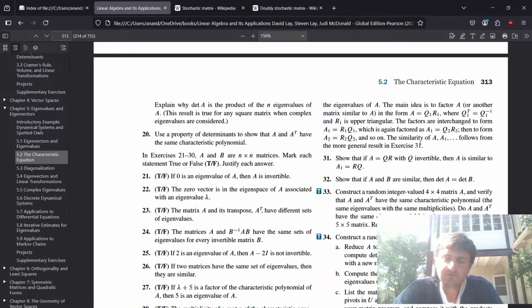Show that if A is equal to QR with Q invertible, then A is similar to A1 equal to... Wait, what? I don't even understand. Oh. See, this is QR and this is RQ. We'll do that one. All right, this is going to take longer.